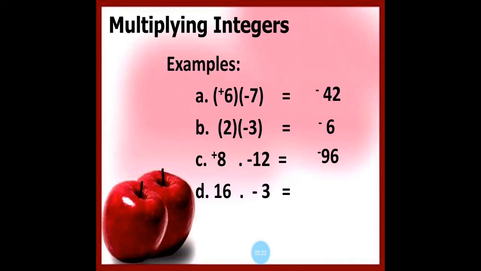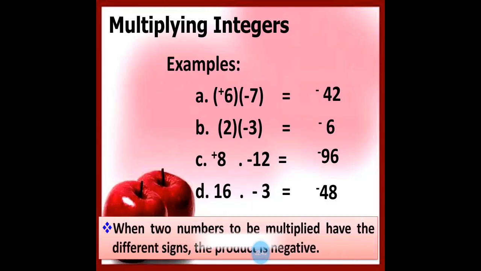And 16 times negative 3 is equal to negative 48. So again, looking at the examples, what do you think is the second rule? Okay, so we have here positive times negative, negative times positive.